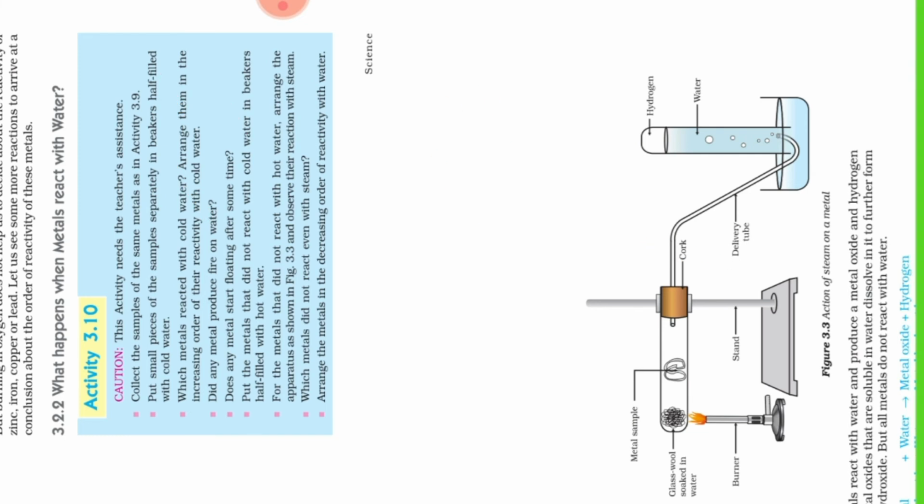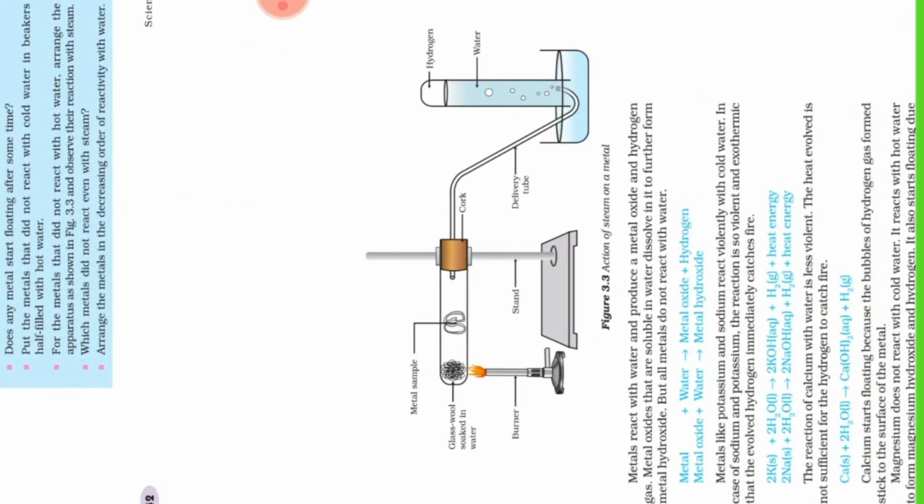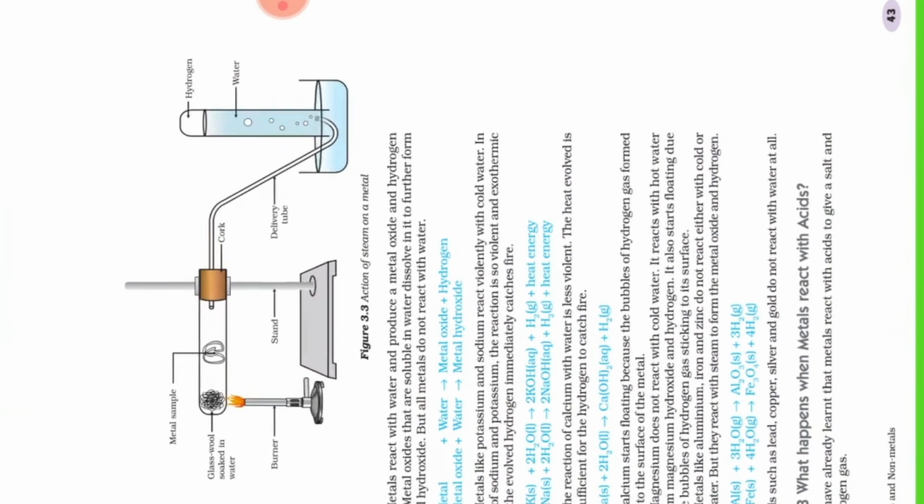Okay, now please see, all of you, what is going to happen in this case. One thing is very clear: the metal that reacts with water produces a metal oxide and hydrogen gas. Metal oxides are usually soluble in water to make a metal hydroxide, but not all metals react with water. Let me write a simple one.